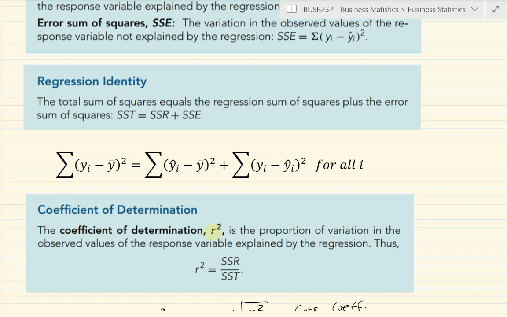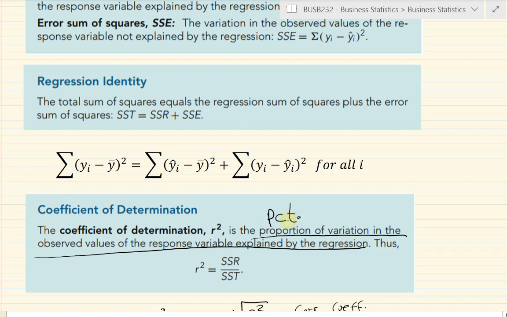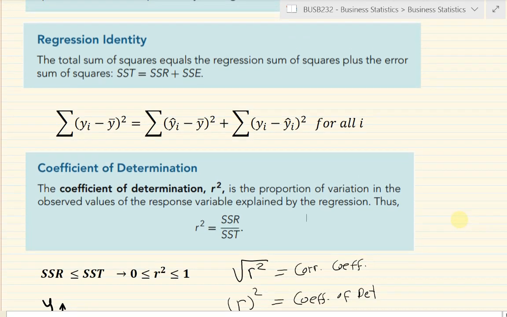Now, what's the interpretation? This is important. What is the coefficient of determination? It is the percentage, proportion means percentage, of variation in observed values of the response variable, that's your y, explained by the regression, or due to the independent variable x. So R squared is a percentage. Now, at most SSR can be equal to SST.